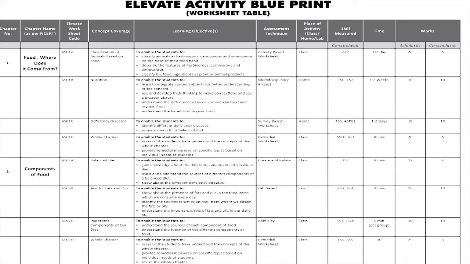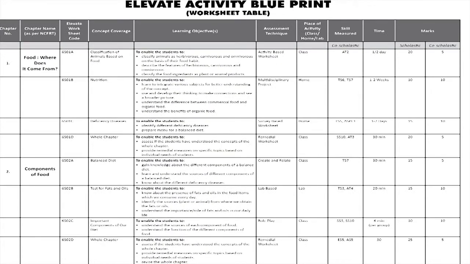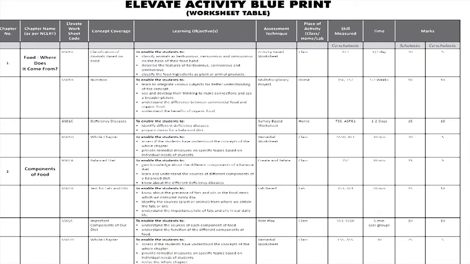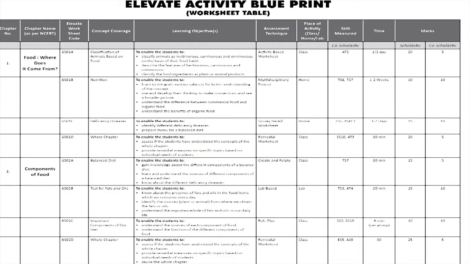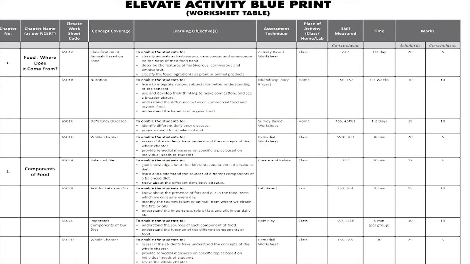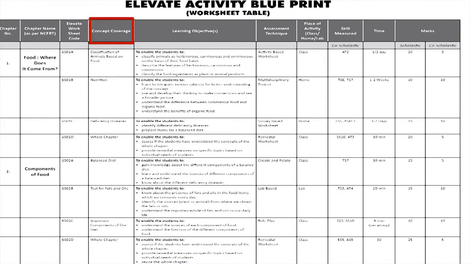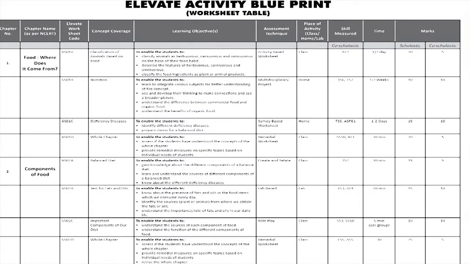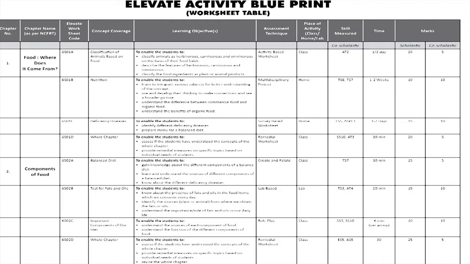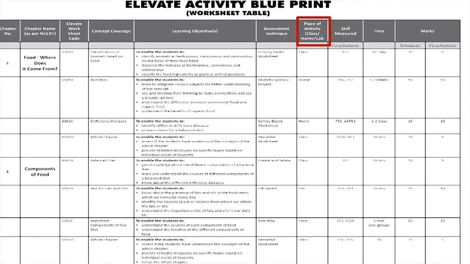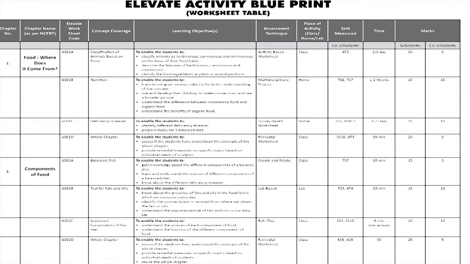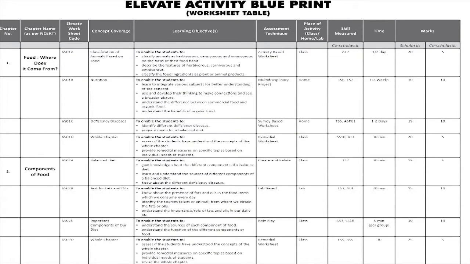From this chapter, we have made 4 activities. And then chapter 2, Components of Food, we have made 4 activities. These activities clearly mention the concept coverage, the learning objectives in the scholastic field, the assessment technique, the place or venue for the conduction of the activity, and what we can do in the co-scholastic field.